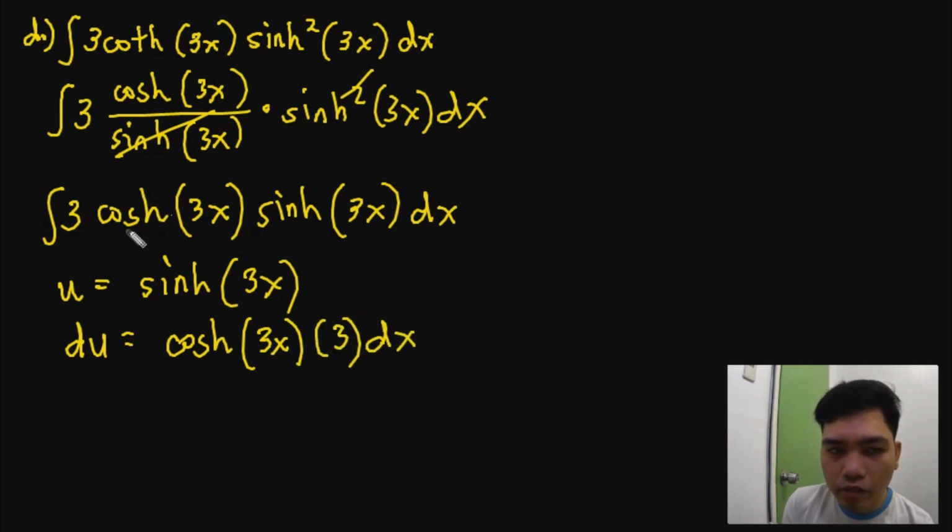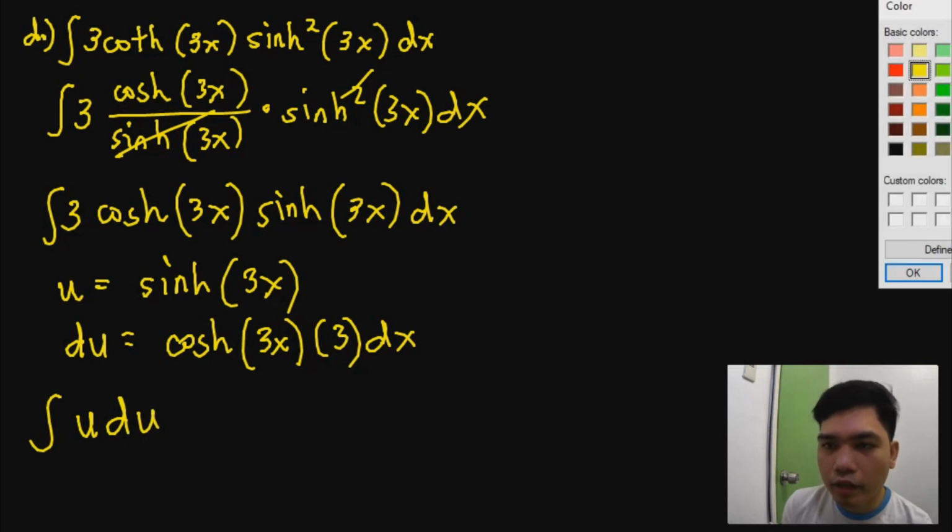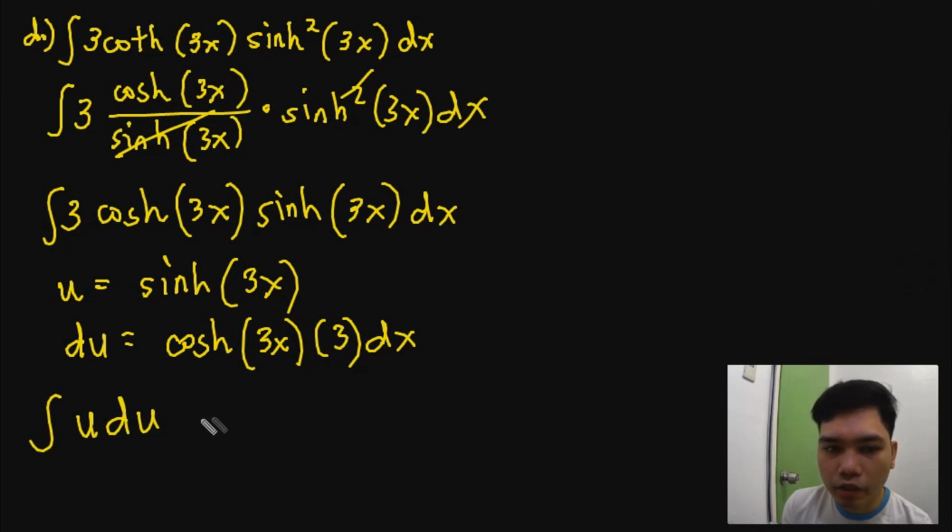This gives us the exact expression here, that is 3 hyperbolic cosine of 3x times dx. So we can now rewrite this expression in terms of u and du. This gives us the final antiderivative in terms of u, that is of course u squared over 2 plus c.